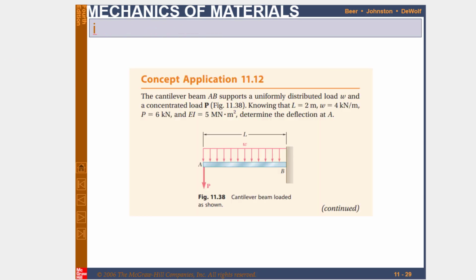Here you can see the cantilever beam AB supports a uniformly distributed load W, and a concentrated load P is given at point A. Knowing that the length is equal to 2 meter, W is equal to 4 kilonewton per meter, the concentrated load P is 6 kilonewton, and EI, the product of E and I, is 5 Newton meter squared, you have to find the deflection at point A.